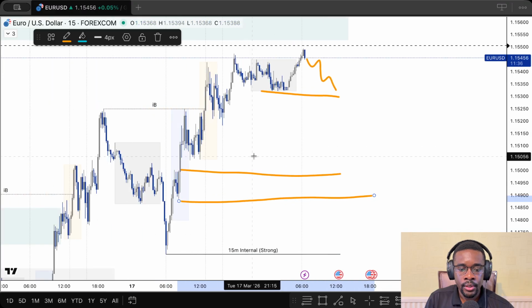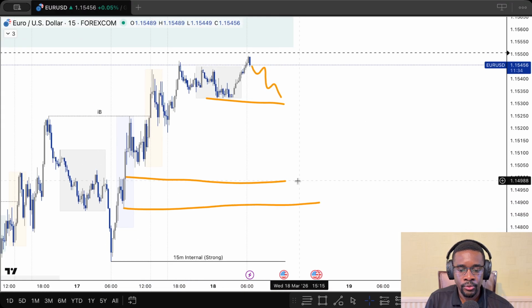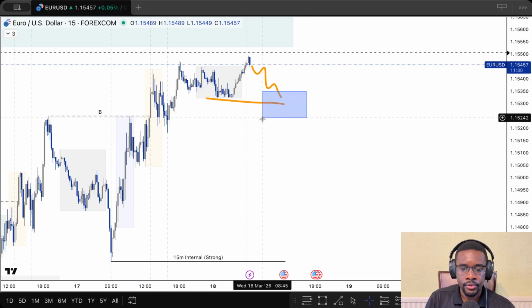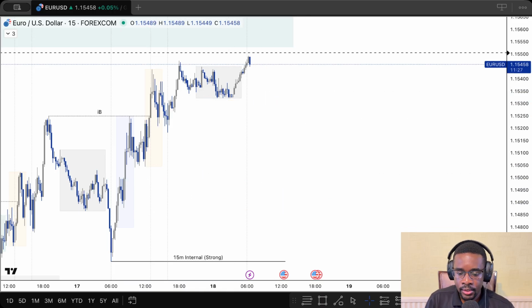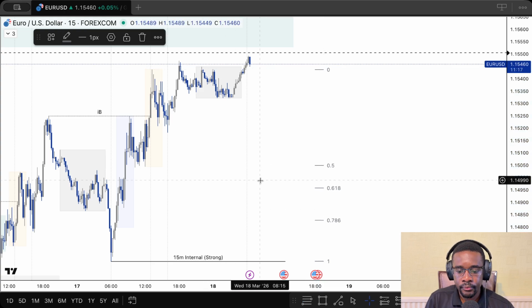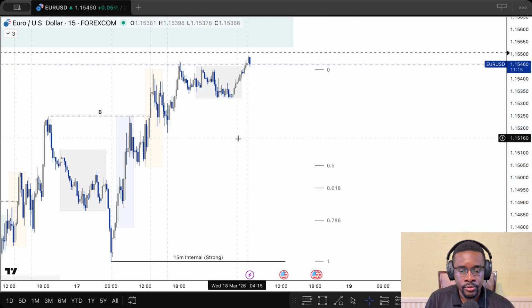So if I'm looking at this in terms of my swing range, currently this is the range I'm in. Boom, boom, boom. So currently this is the range we're in.